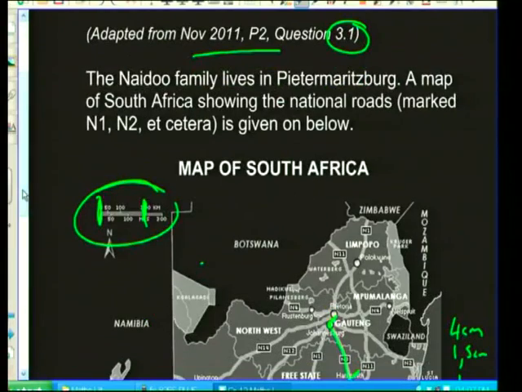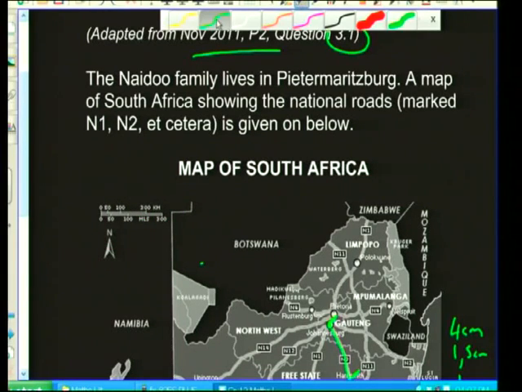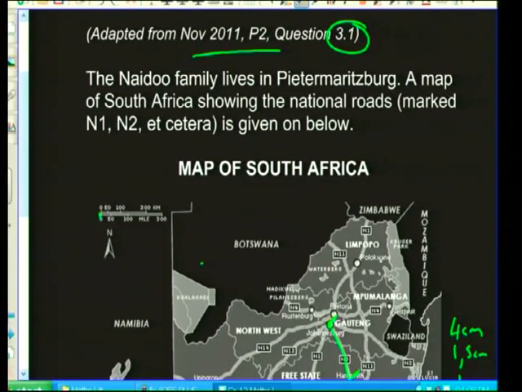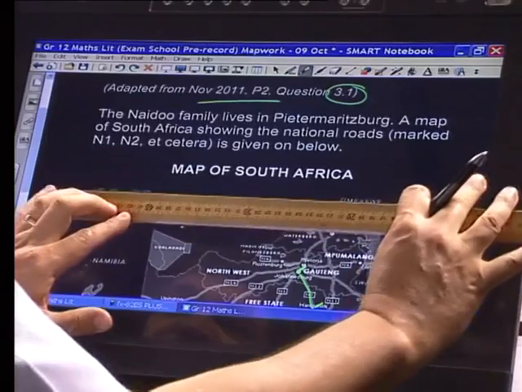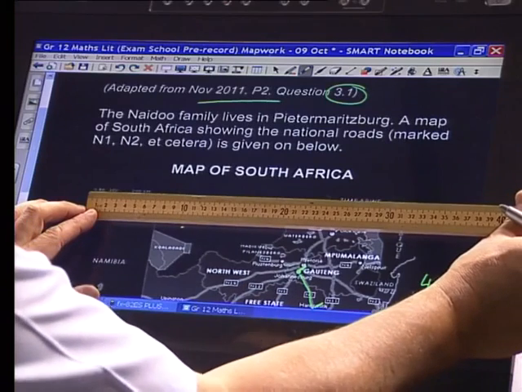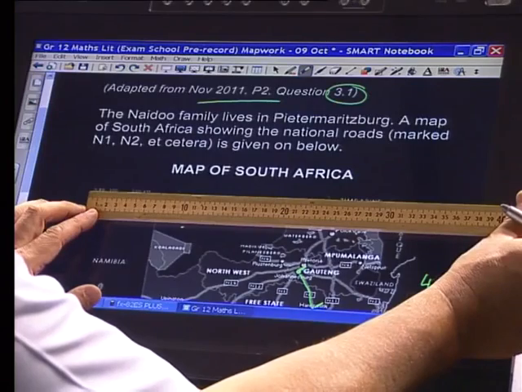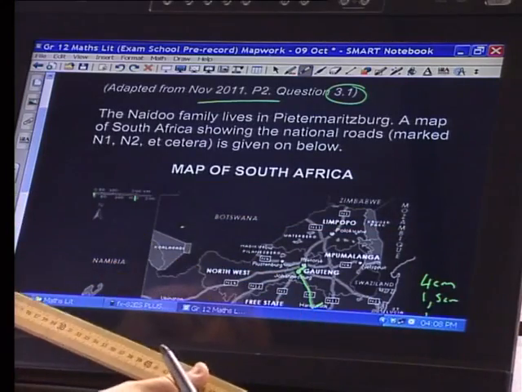Now, let's go back to our map. Here's our map over here. And again, I'm just going to get rid of some of these lines so I don't cause too much confusion with you. And now, if we look at it, we know that from this point over here, from the 0 to the 300, we're going to measure that. So let's use our ruler and let's do the measurement. I'm going to say from my 0 to my 300, I make it out to being 43 millimeters, or 4,3 centimeters.